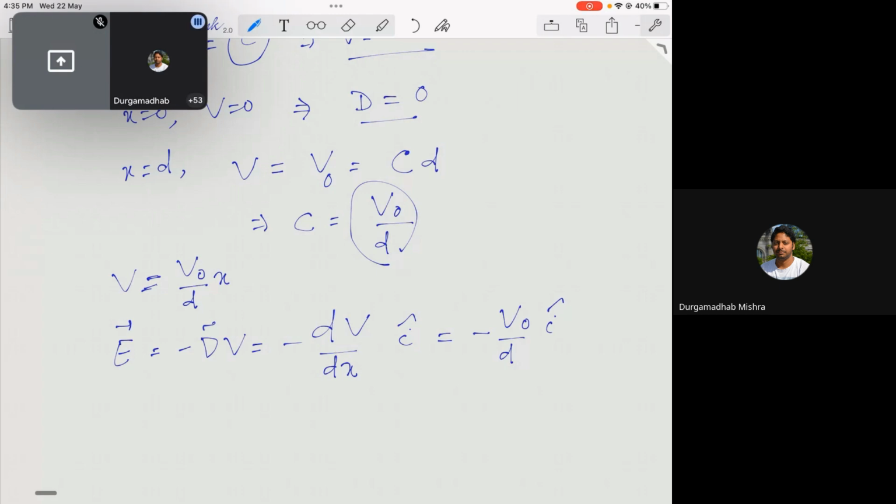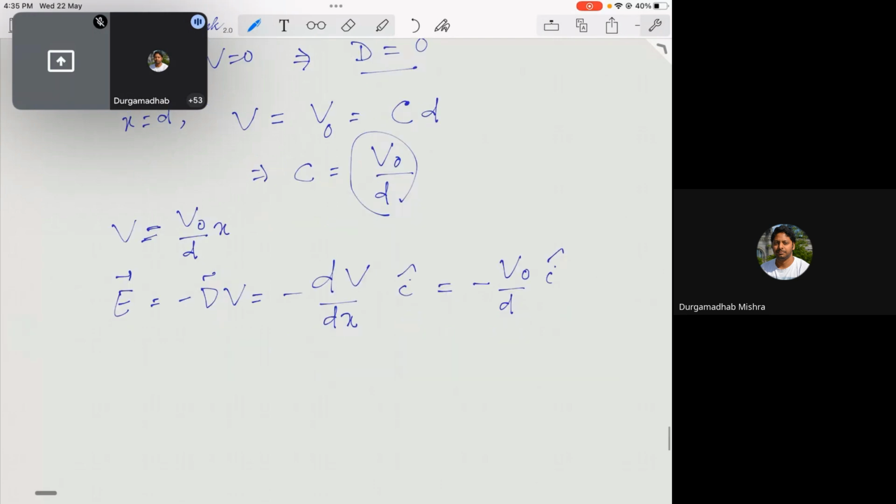Now we can use Gauss's law again to find out the charge distribution sigma, which, if you do a little bit of the integration, you can write simply as epsilon into E dot n cap. What is n cap here? n cap is a unit vector perpendicular to the surface.